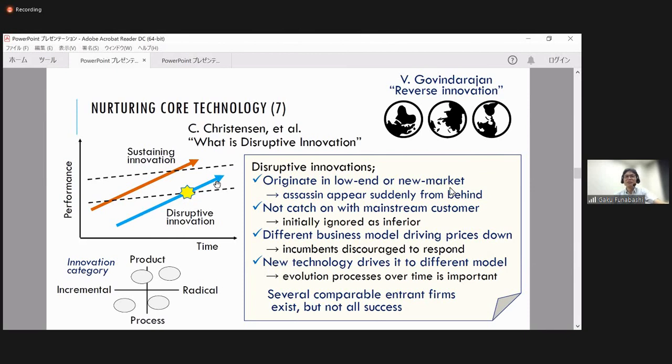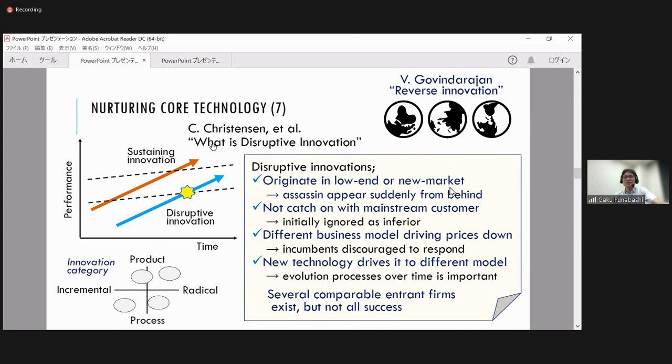Do you remember the case of Samsung Semiconductor? I talked about this, I think, last week. Why did Samsung's semiconductor business become so successful, even though there were two countries with market leaders in the global market?